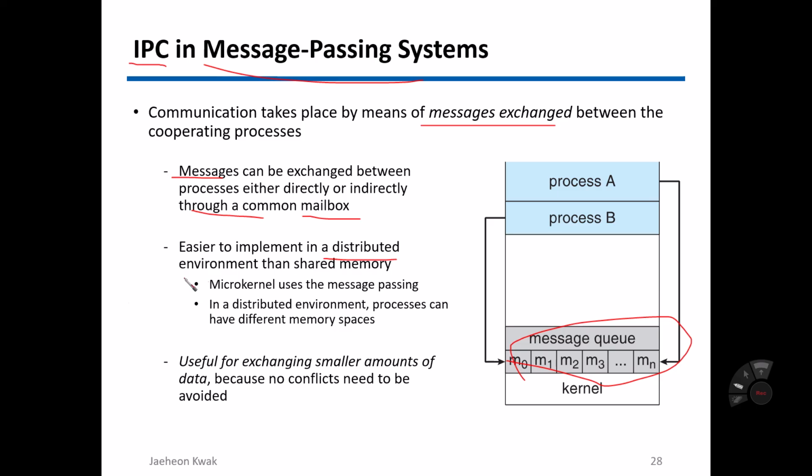In distributed systems, process A and process B can have different memory addresses. In such a system, we cannot easily use shared memory because their memory spaces are different. So in that case, this message passing system will be easier to implement.